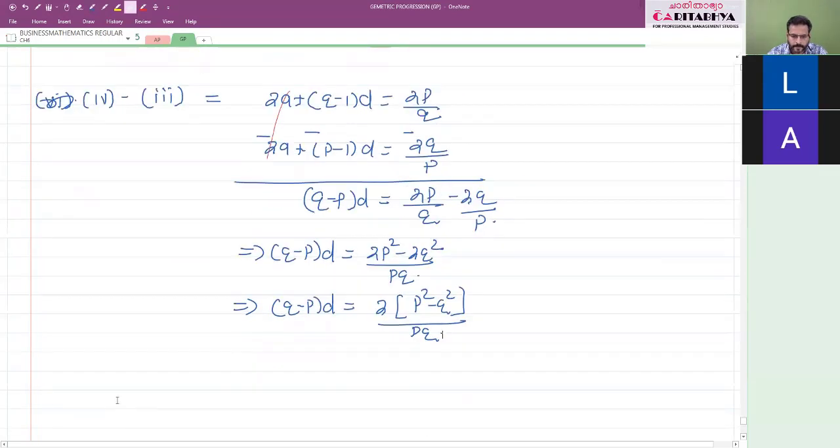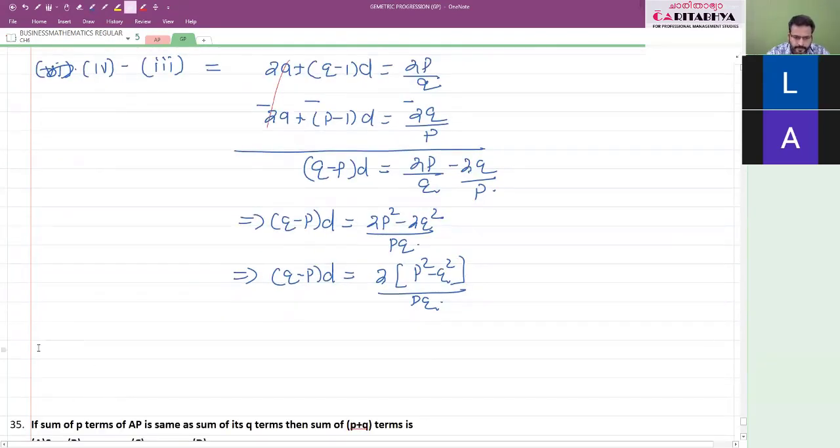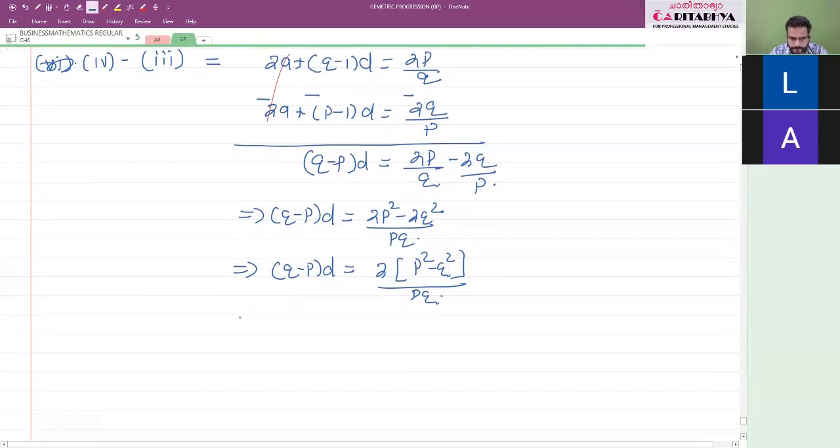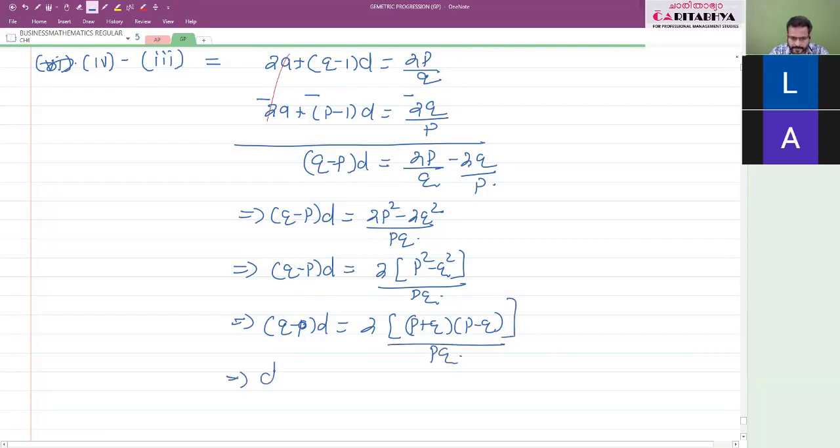Rewriting using the a square minus b square formula: Q minus P into D is equal to 2 into P plus Q into P minus Q divided by PQ. So D is equal to 2 into P plus Q into P minus Q divided by PQ into Q minus P.